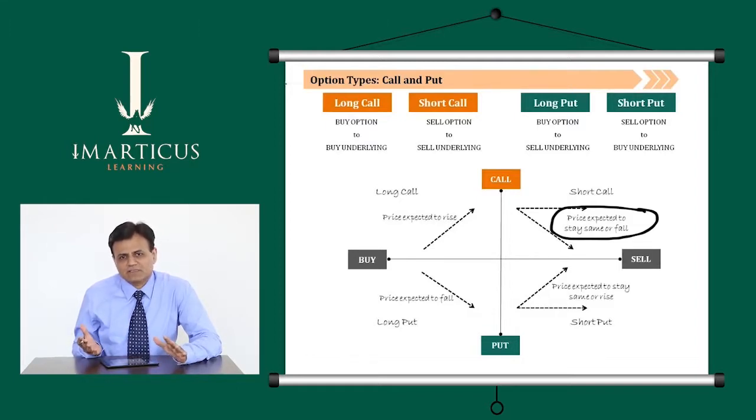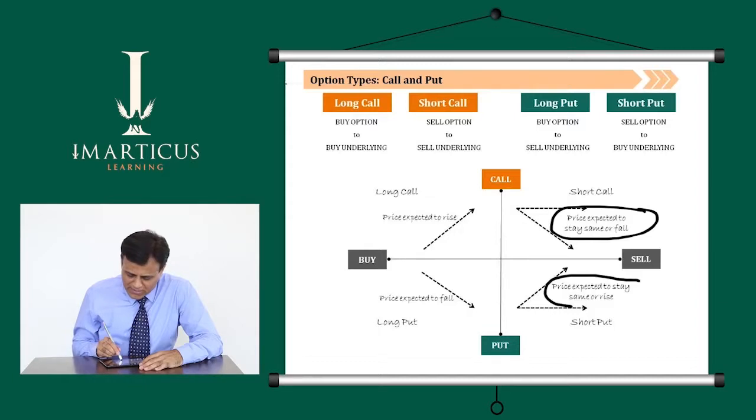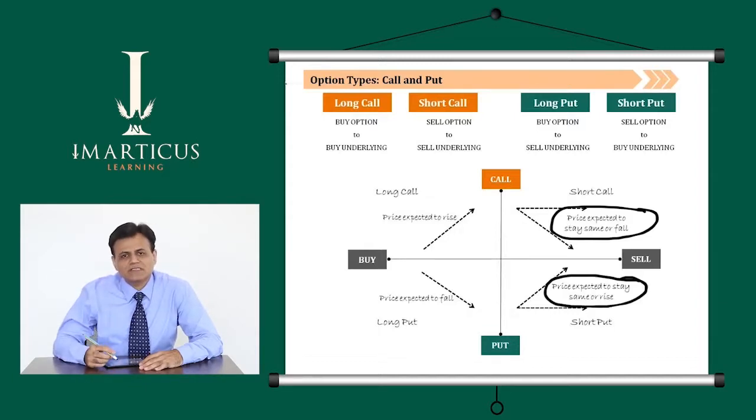Basically, he expects that the price would not rise. On the other hand, the seller of the put expects the prices to stay the same or rise. Simply speaking, the person who is short put expects the price not to fall.